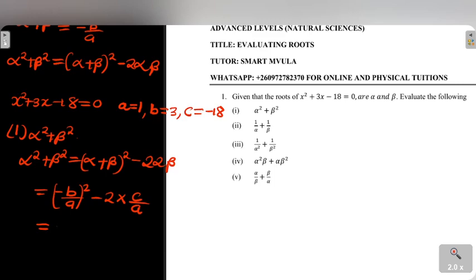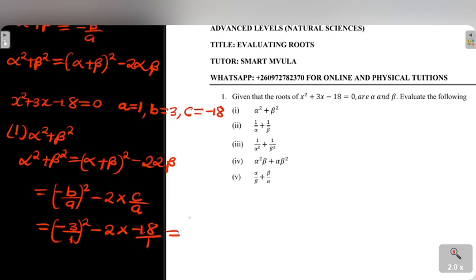So this will give us negative, then what is our b? We can see that our b is 3. Then what is our a? A is 1. Then this is squared, minus 2 times c, which is negative 18, then we divide by our a, which is 1.